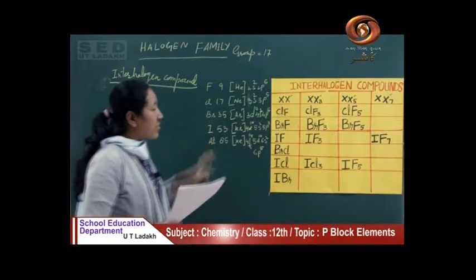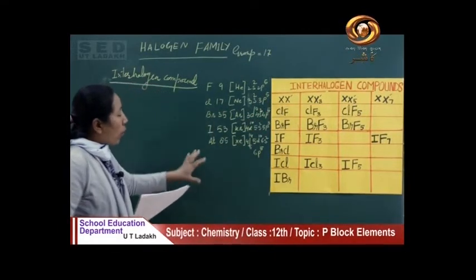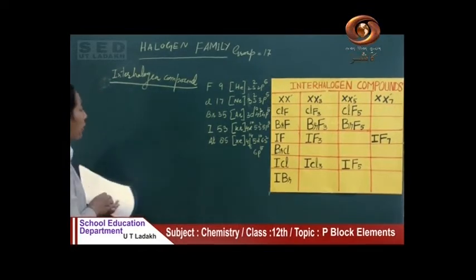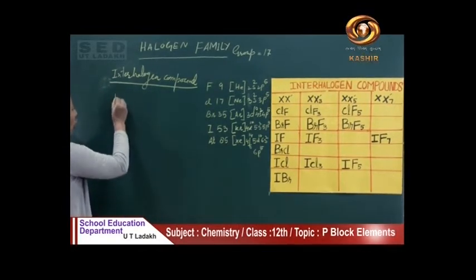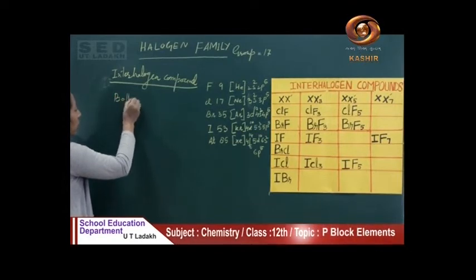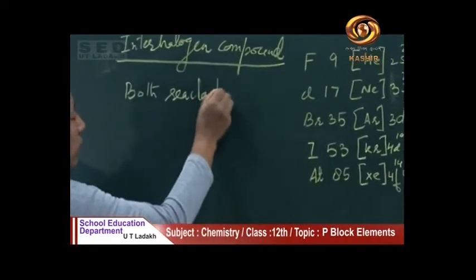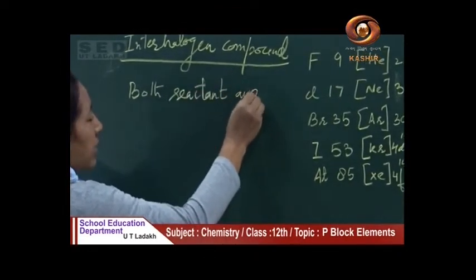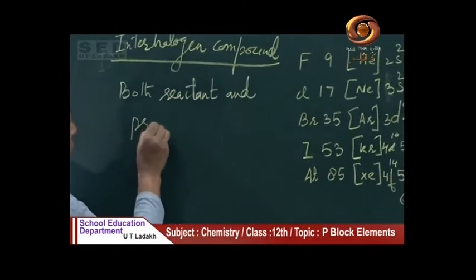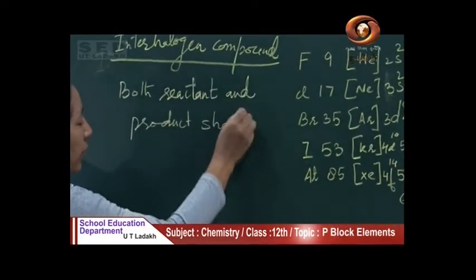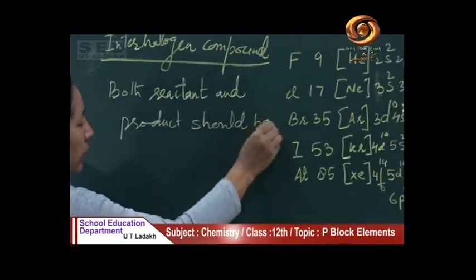Interhalogen compound means both the reactant and the product should be halogens.